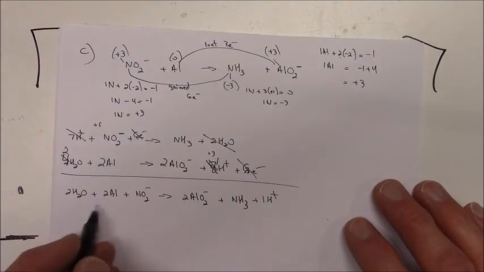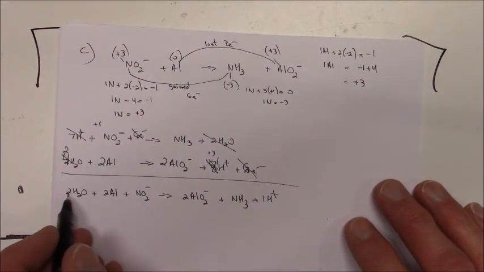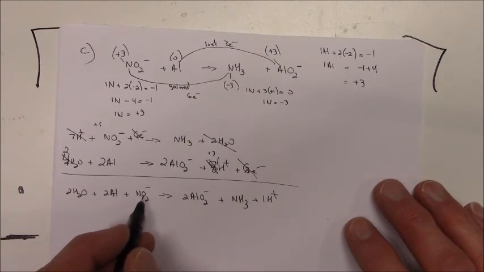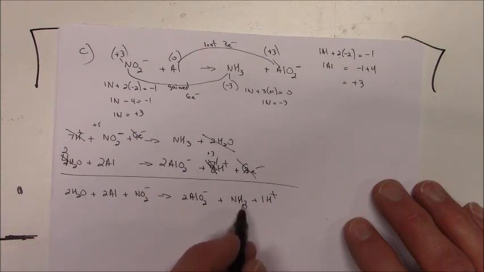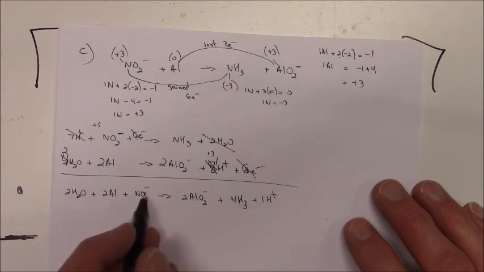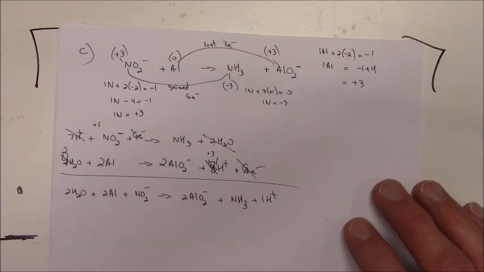Quick check. 2 aluminums, 2 aluminums, 2 O's, 3, 4. 4. H's, 4. 4. Charge, -1. -1. It's balanced there.